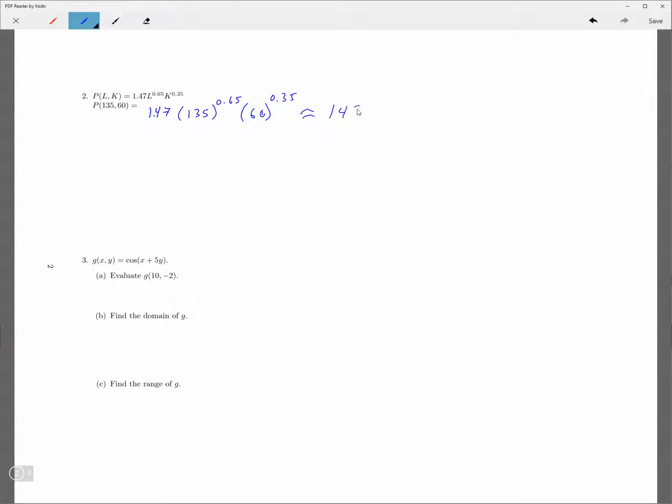Okay, I got 149.4. I got the same thing. Okay, well, let's see if Webassign agrees. Or do we have to go beat him up or something? Okay, I'm glad for Webassign's sake that they agreed.